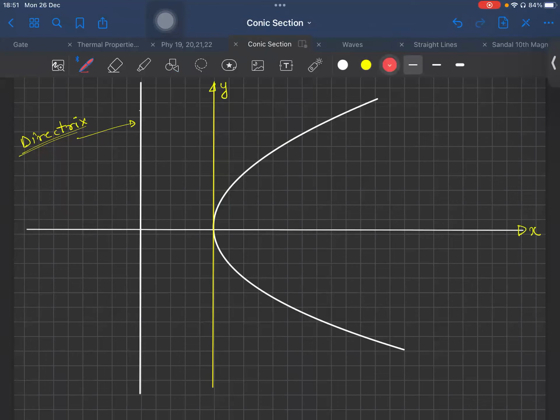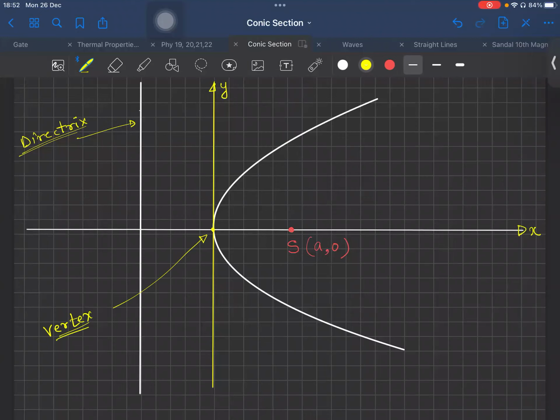Okay. Now some terminologies related to parabola. So let's say this is the focus F, or usually we write S for focus. It is (A, 0), because it is on the x-axis. It may not be (A, 0). We are just trying to understand these terminologies, so let's use this equation. Now this point is called the vertex of the parabola.